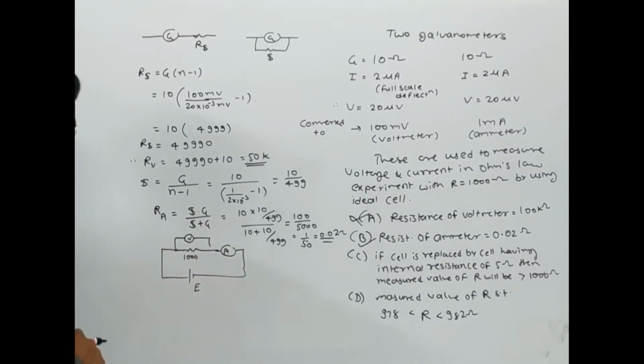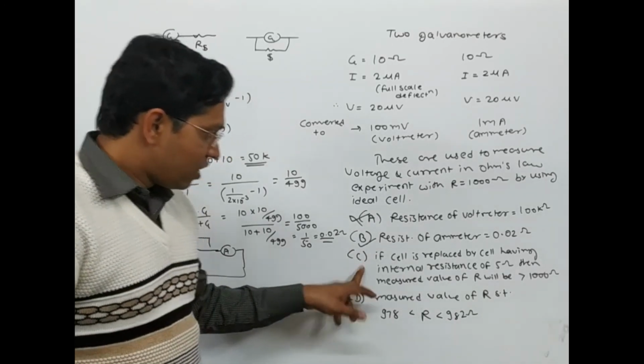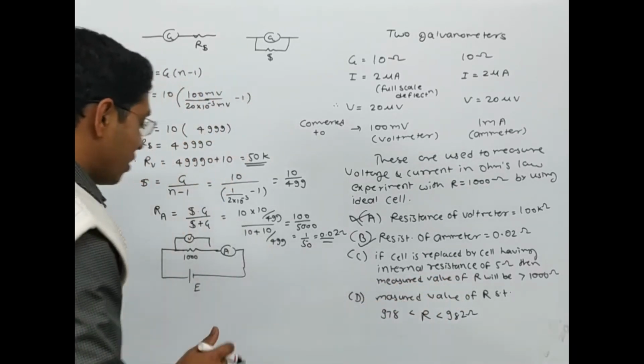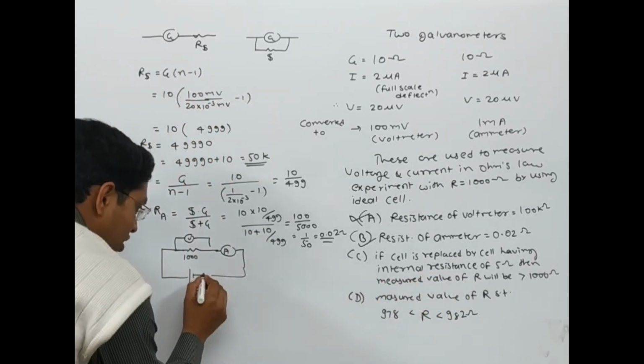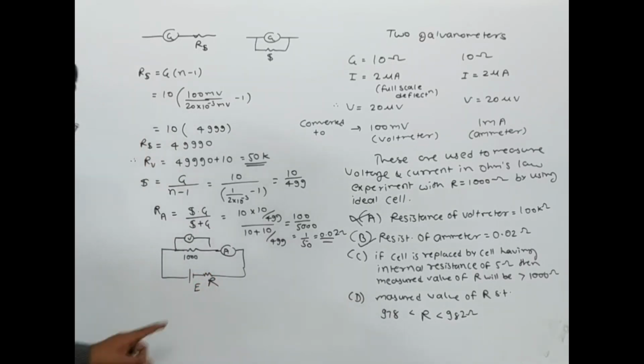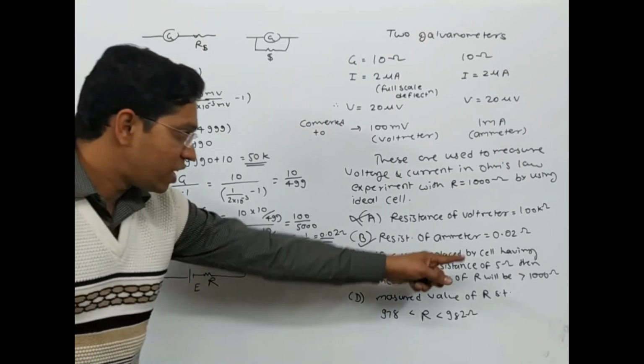Now I want to find the measured value of resistance. I'll consider both options together, because in the second option they say that instead of an ideal cell, you are using a cell with internal resistance, say R. So I'll generalize it: for the fourth option this R equals 0, and for the third option R is 5 ohm.